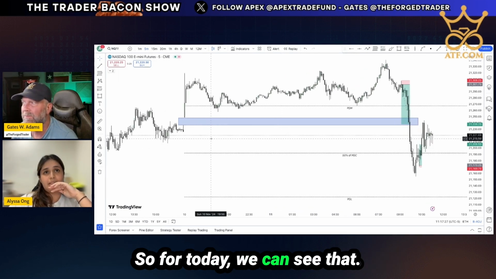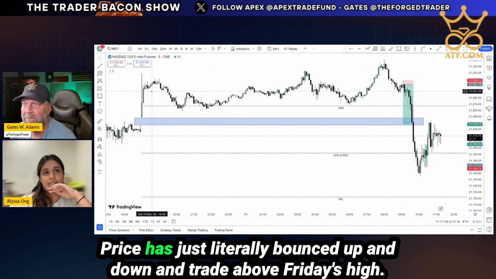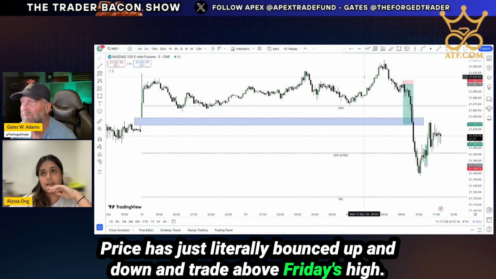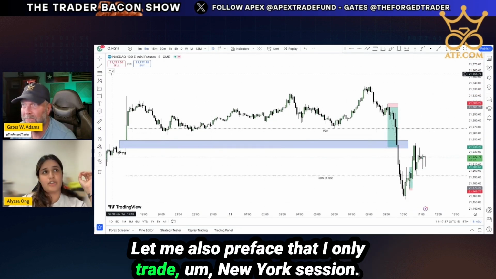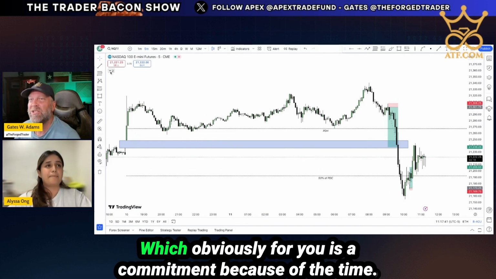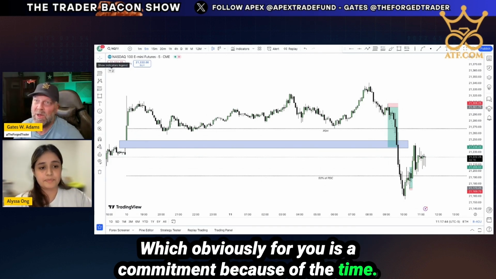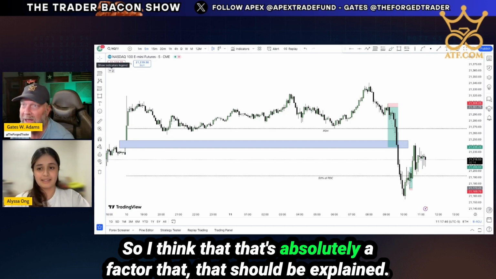So for today, we can see that price has just bounced up and down and traded above Friday's high. Let me also preface that I only trade the New York session, which obviously for you is a commitment because of the time. So I think that's absolutely a factor that should be explained.